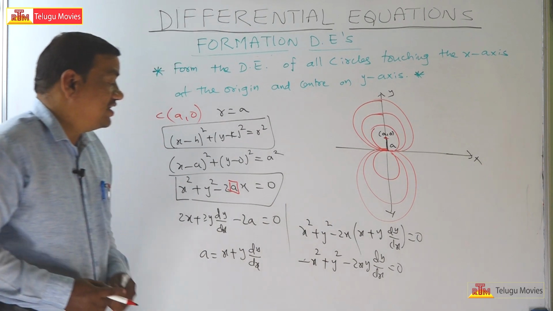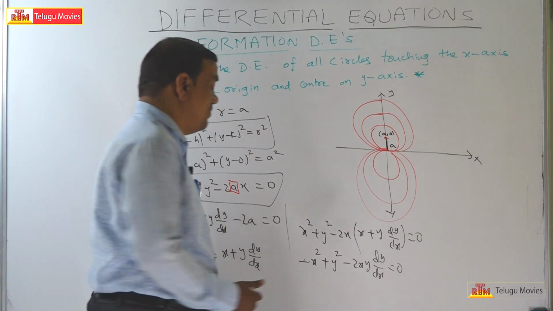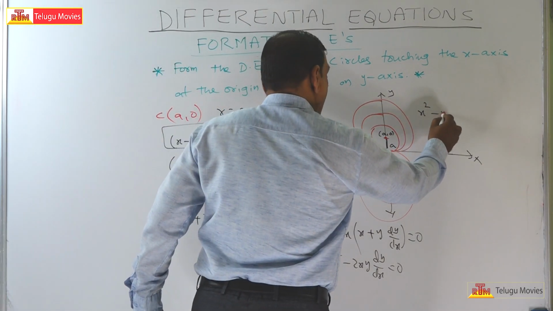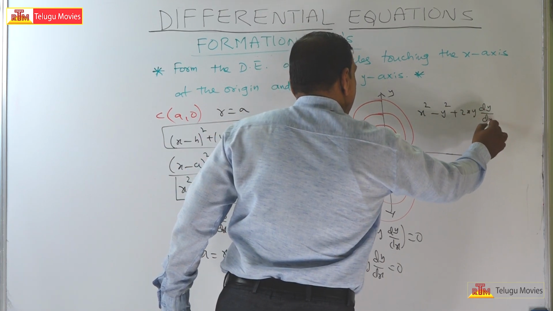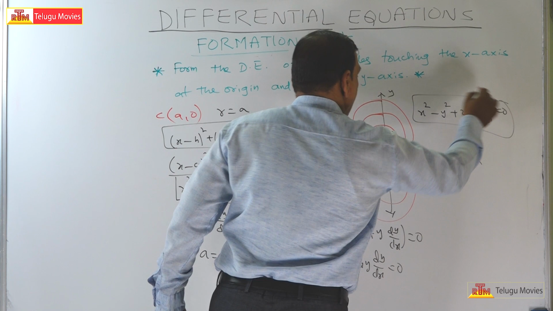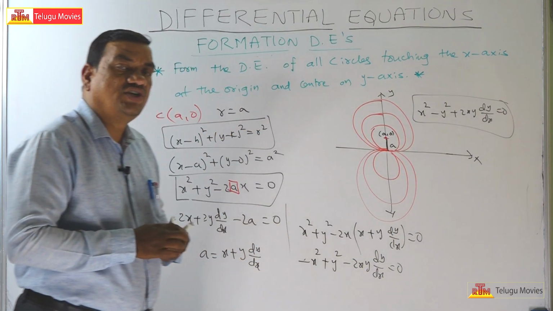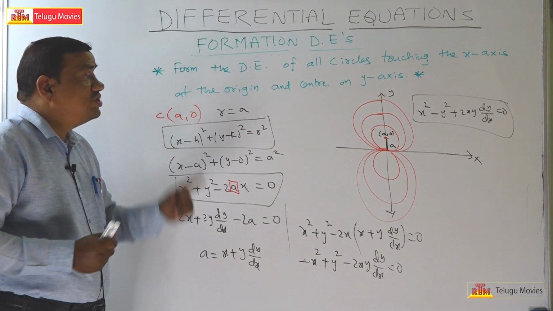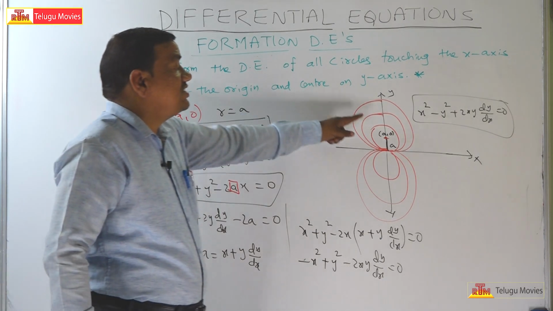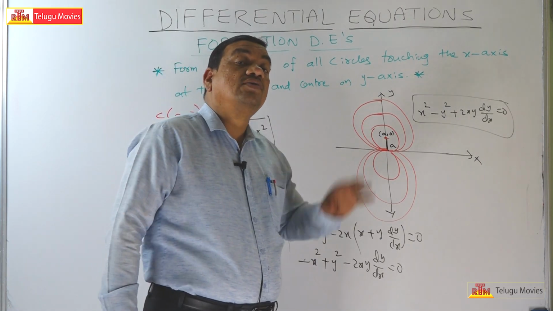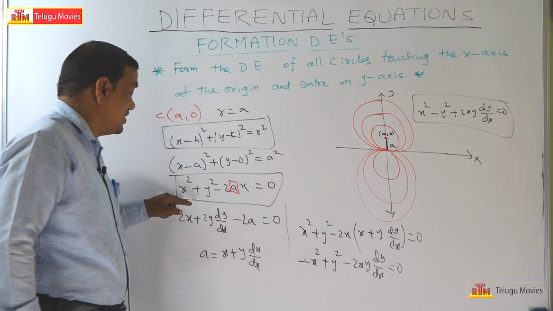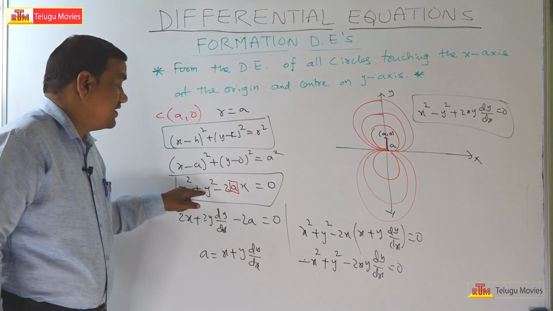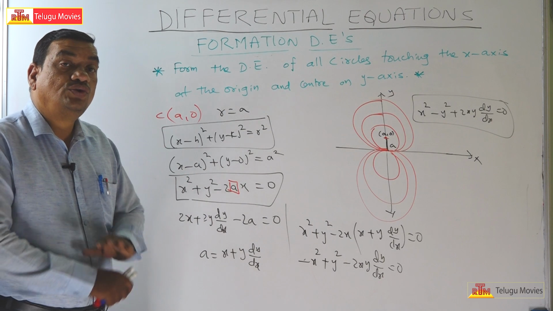You can write it in simplified form. Therefore, x square minus y square plus 2xy into dy by dx is equal to 0. So this is the required differential equation which satisfies each and every member of the family of circles represented by the equation x square plus y square minus 2ax is equal to 0.